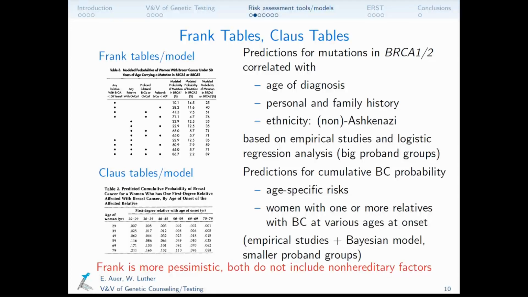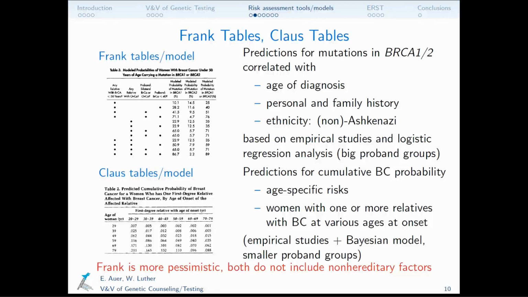However, they only differentiate between Ashkenazi and non-Ashkenazi individuals. The empirical studies are fitted into a logistic regression analysis model, and big proband groups are used in this case.